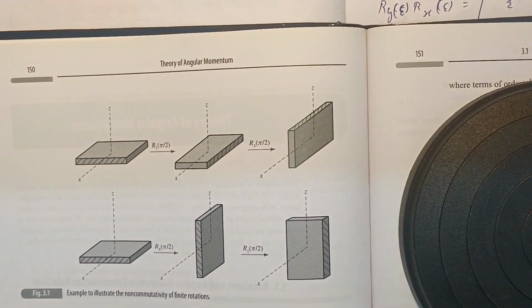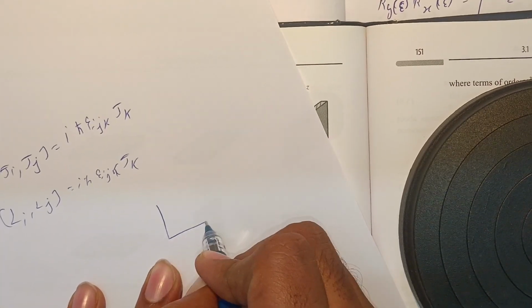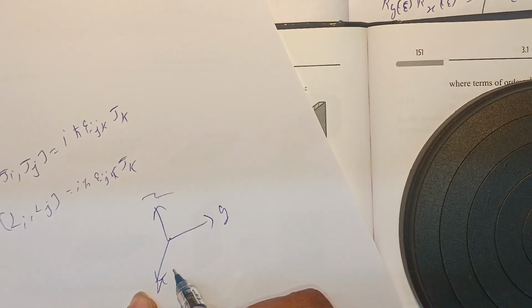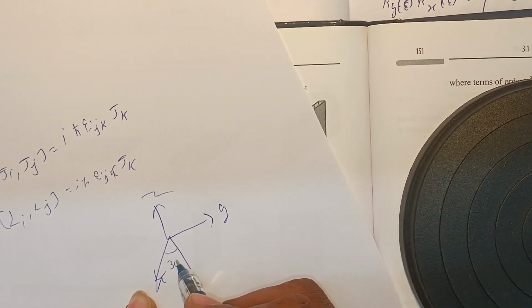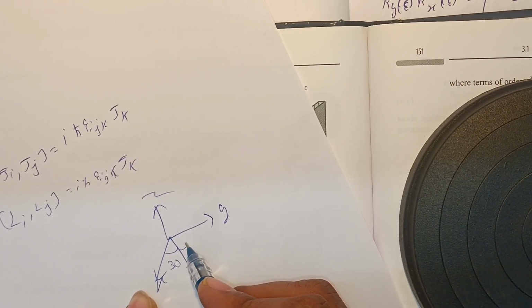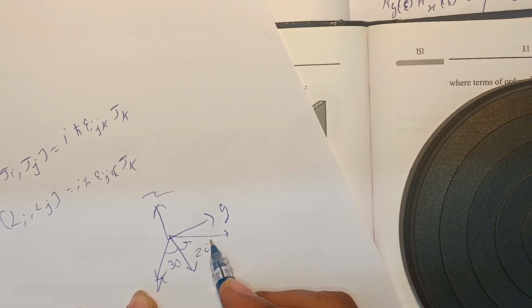So what it is saying is that rotation operators don't commute, or rather, rotation about the same axis will commute but about different axes will not commute. Suppose we have an xyz system and a vector at 30 degrees. Now rotate it more, to 20 degrees, then you get this.